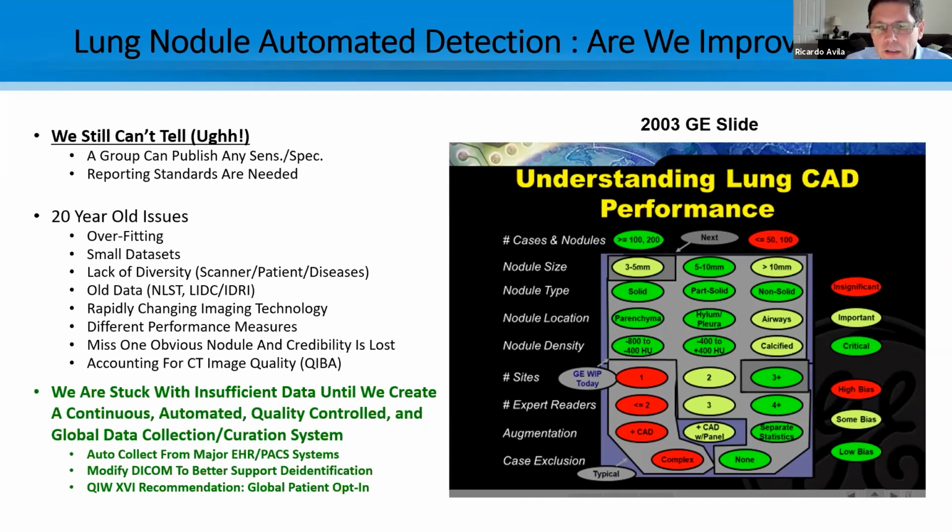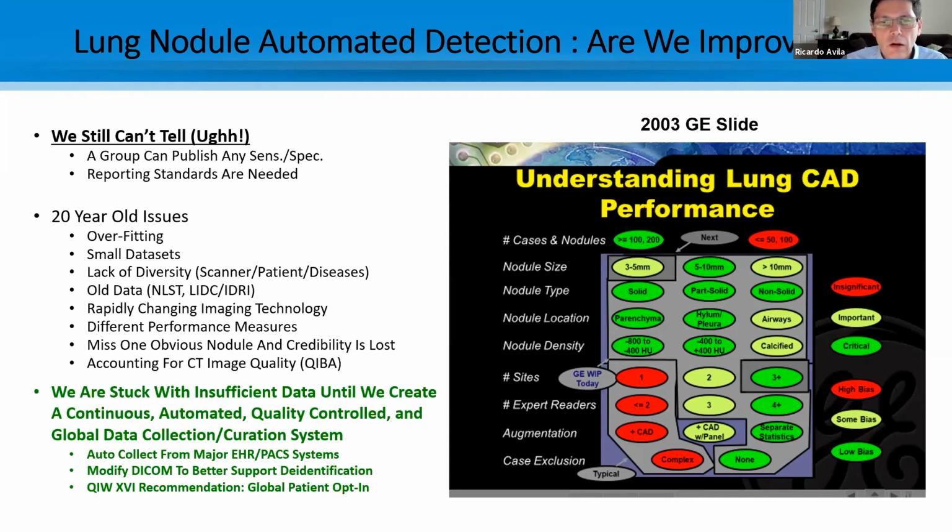But what I'd like to close with on this slide is that we're still stuck with way too little data, and the fact that some of the major groups and organizations are still publishing with very old data sets.